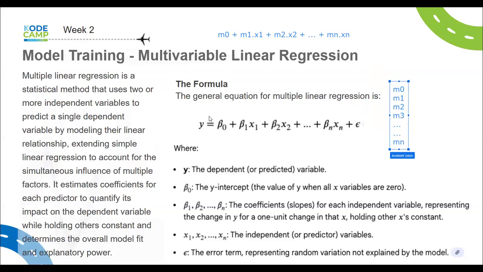So you have beta 0, beta 1, beta 2, beta n. There's also another one here called epsilon, but this epsilon is just a small factor that is used to handle or take care of noise. So this is the general formula of a single linear equation that has multiple variables.